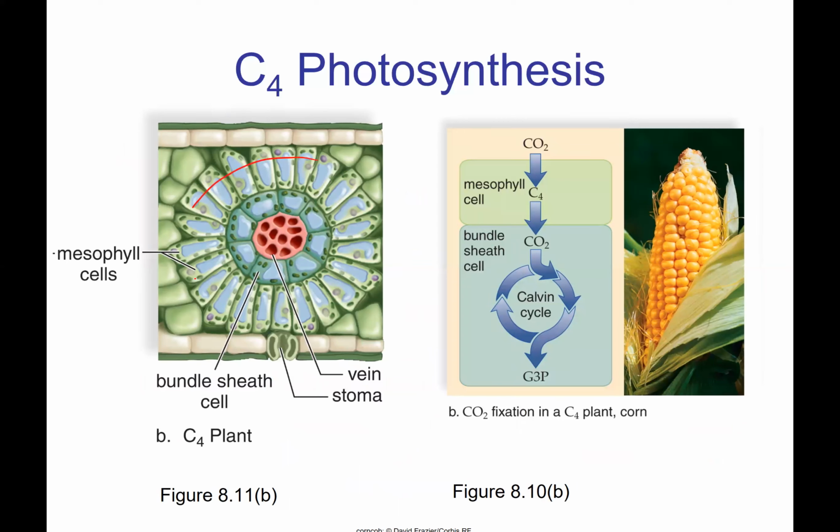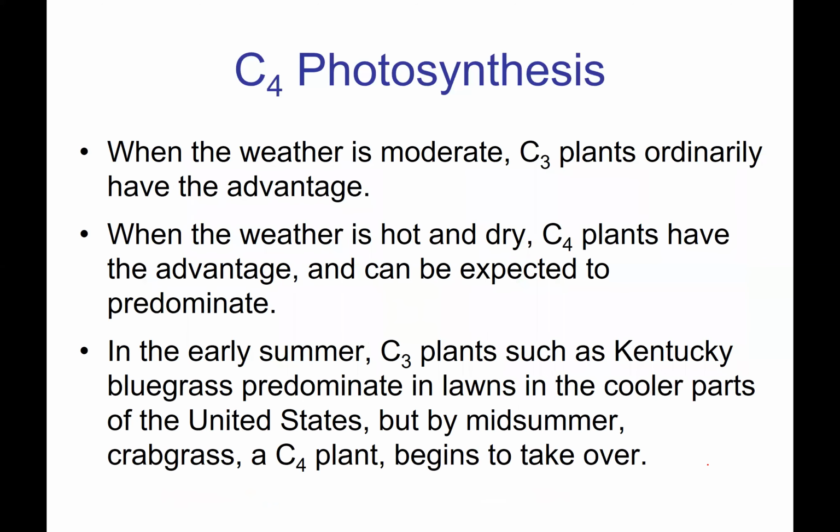So here we have a ring instead of layers in C4 photosynthesis. So in C4 photosynthesis, carbon dioxide is changed to a C4 molecule, and then it's changed again to carbon dioxide, which then enters the Calvin cycle, and you get G3P from C4 photosynthesis.